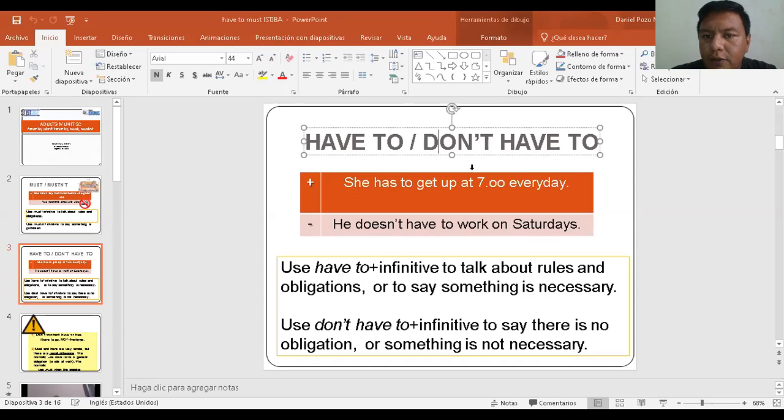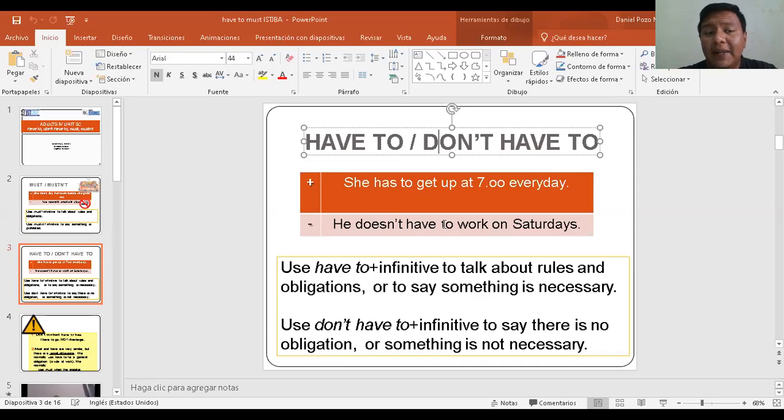Don't and doesn't. It will depend of the subject. As you know, if you have he, she, it, you are going to use doesn't. Examples. She has to get up at 7 every day. She doesn't have to work on Saturdays.